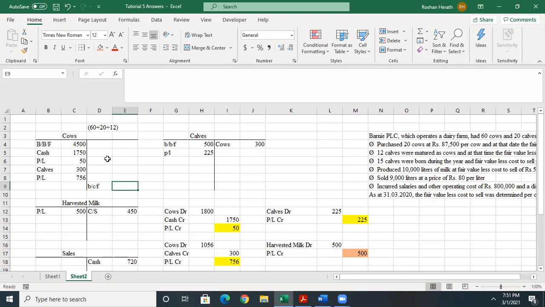It's like 60, 80, 92. 92 cows measured at each cow at, what's the valuation? 92,500, that is into 60, 80, 92. 8,510. So that is the valuation.